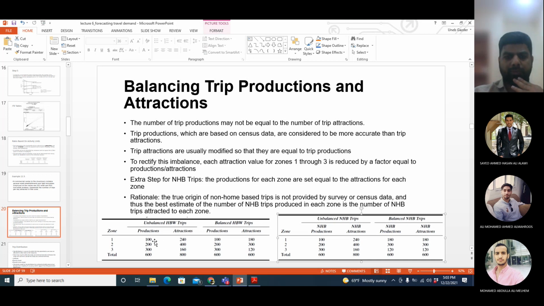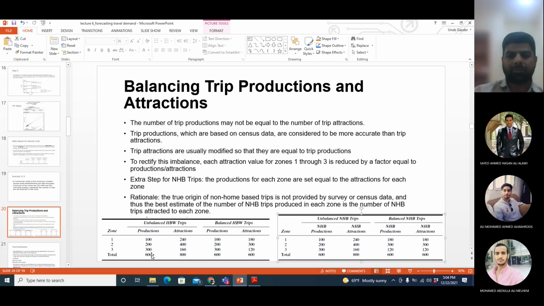The estimate which you have for trips produced is considered to be more accurate than the estimate for the number of trips attracted. I'm talking about the total number of trips, not for each zone. For each zone, even if you try to make them equal, you will get into a lot of mess. The total number of trips produced should be equal to the total number of trips attracted for the entire study area, not for each zone.